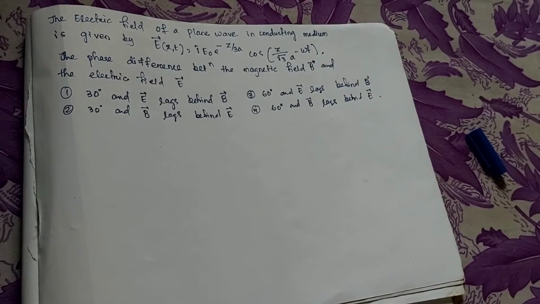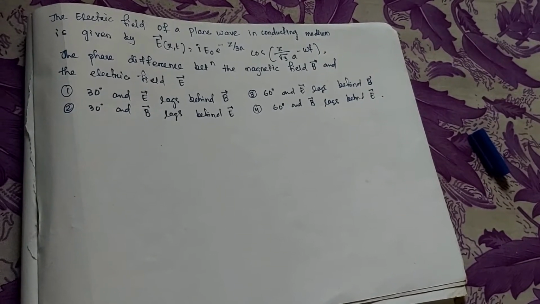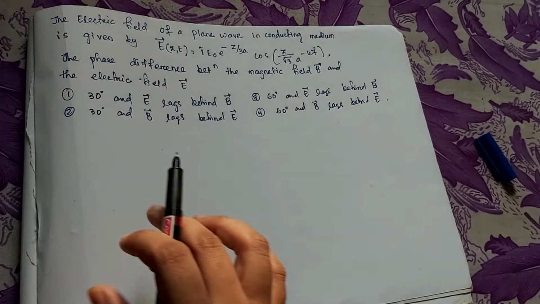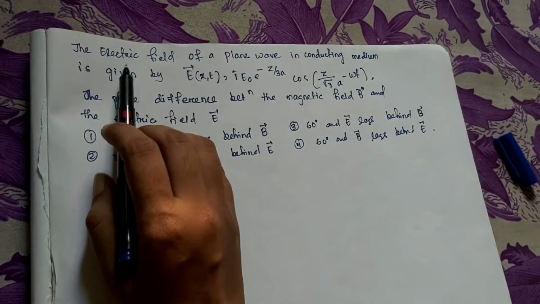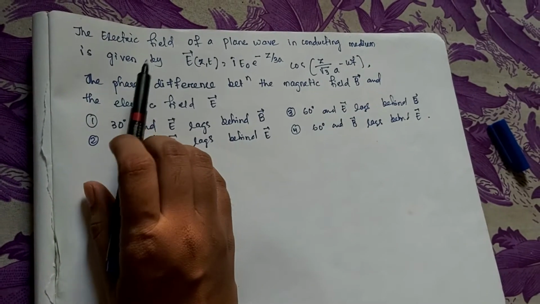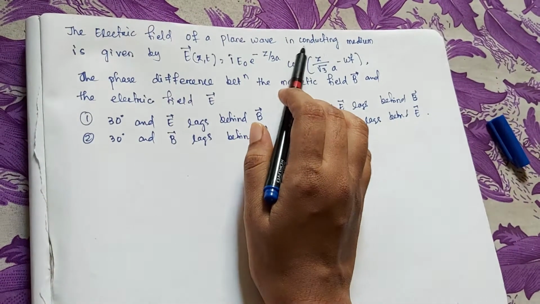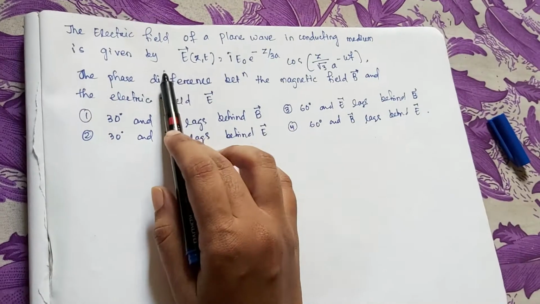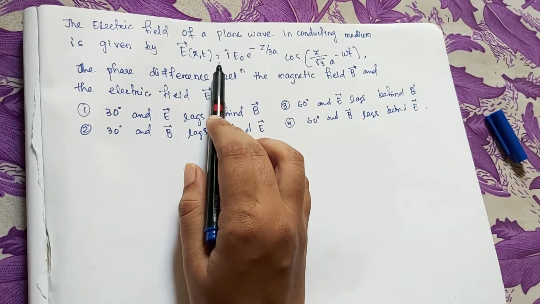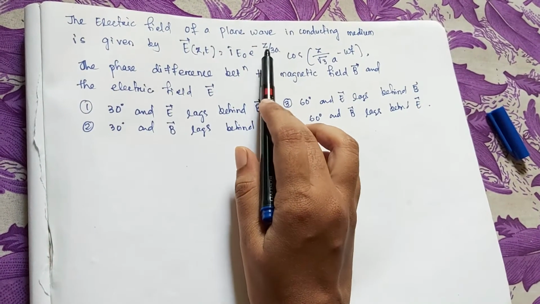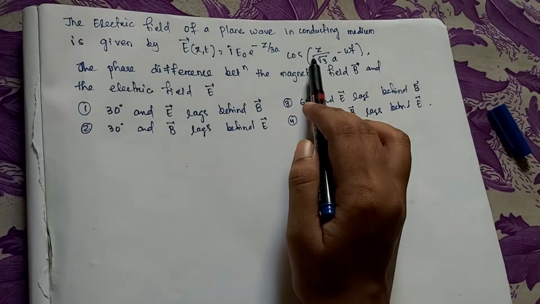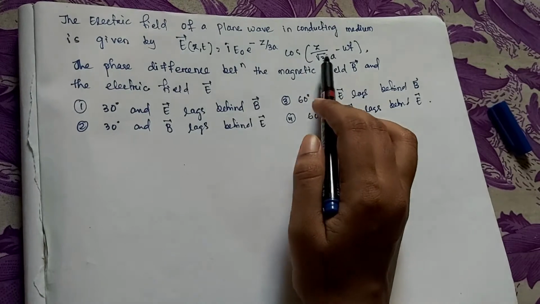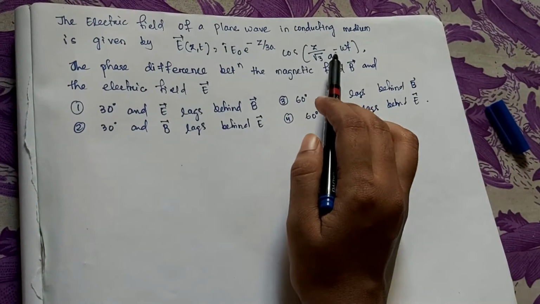Today we'll discuss one more question from the previous year CSIR NET, which was in June 2018. The question says the electric field of a plane wave in a conducting medium is given by E(z,t) = i-cap E naught e^(-z/√(3a)) cos(z/√(3a) - ωt).